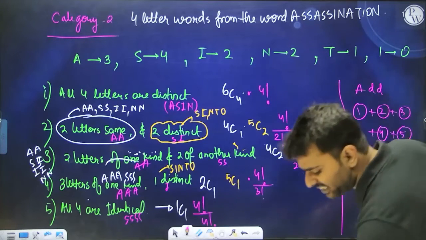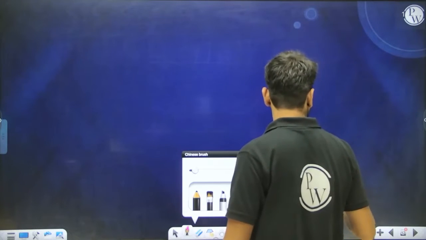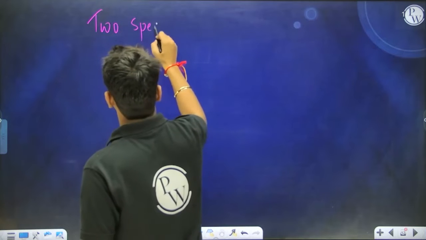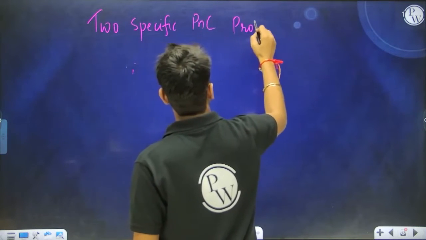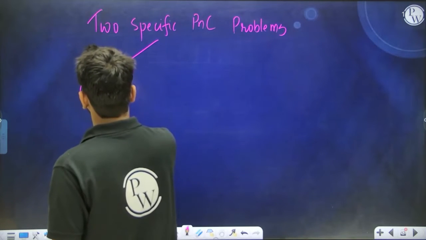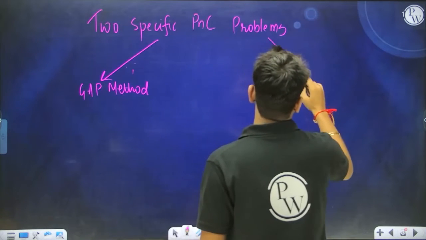Now there are 2 specific P&C problems. One is gap method and another one is block method.